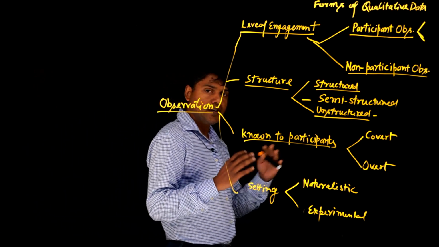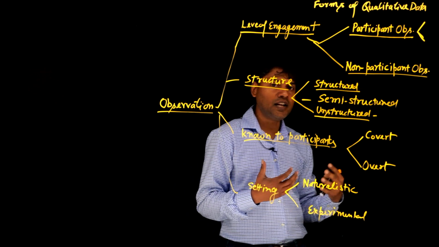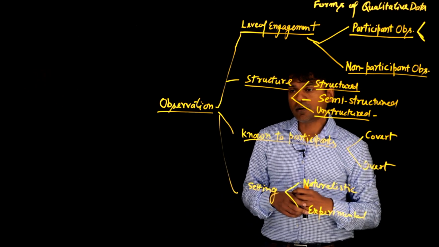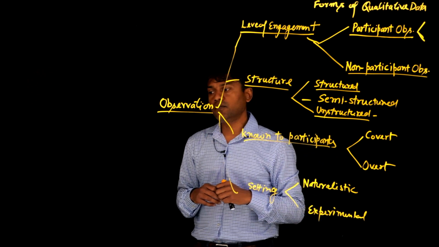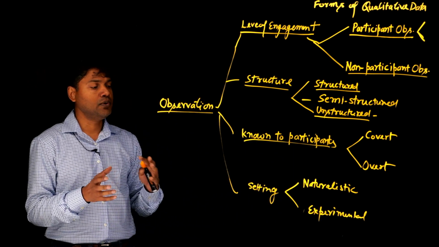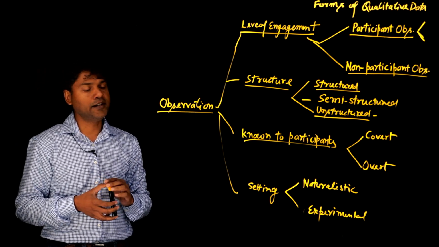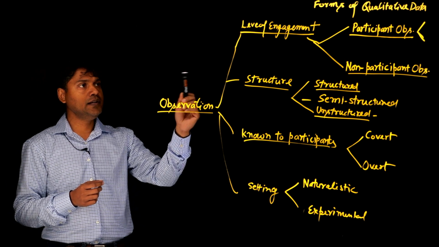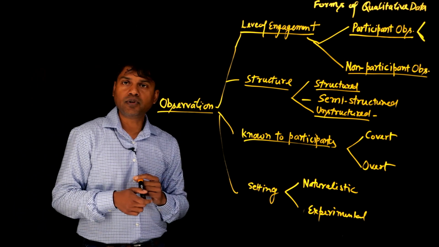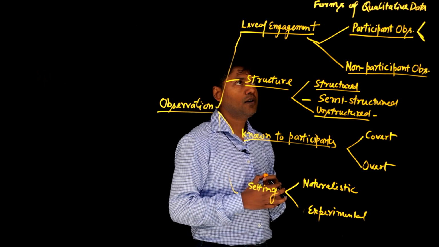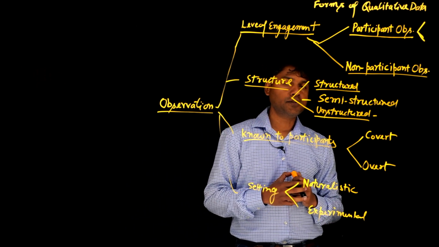Those conditions are artificially created in a lab or a setting, and are not the natural setting of the research participants. So from a setting perspective, an observation could be naturalistic or experimental. These are a few ways that qualitative researchers use for observation of their research participants.